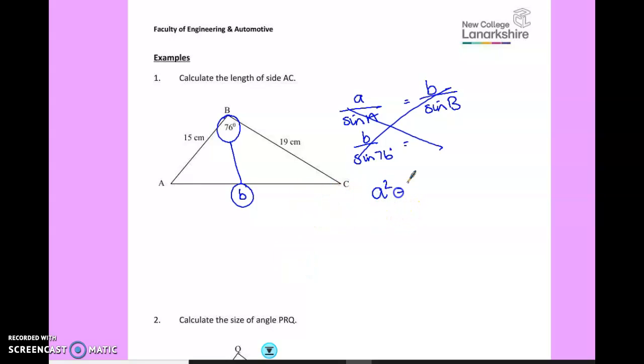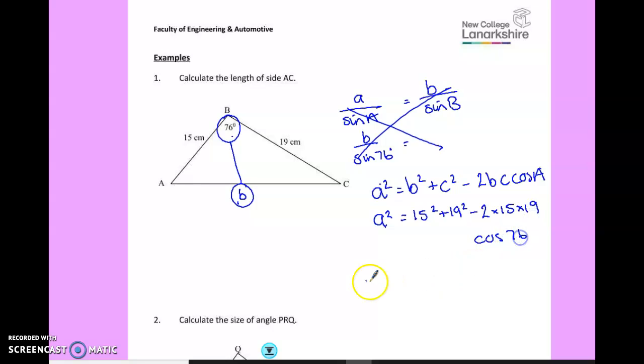Okay, so I'm going to try the cosine rule. The cosine rule is a squared equals b squared plus c squared minus 2bc cos A. a squared is the one I'm trying to find. I've got the angle opposite, so I've got that pairing, that's good. I've got b and c, the other two sides, so it's going to be the cosine rule. So 15 squared plus 19 squared minus 2 times 15 times 19 cos 76.